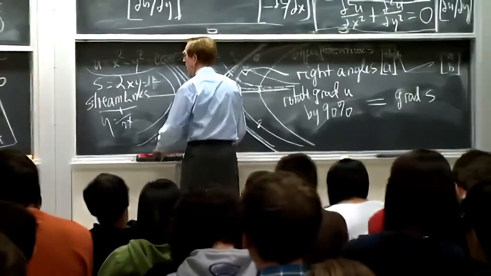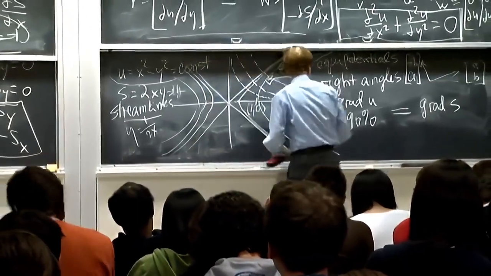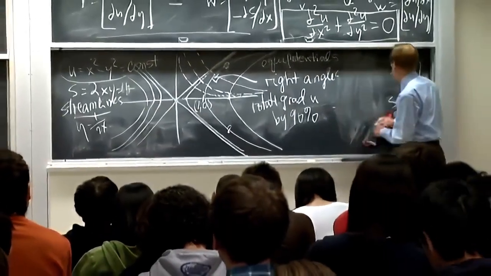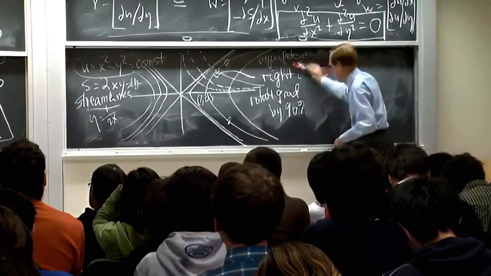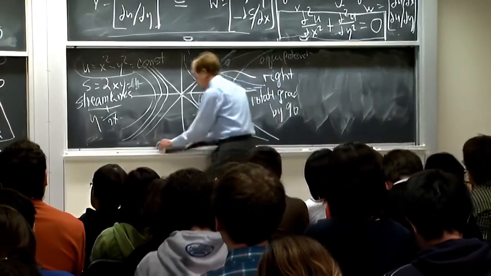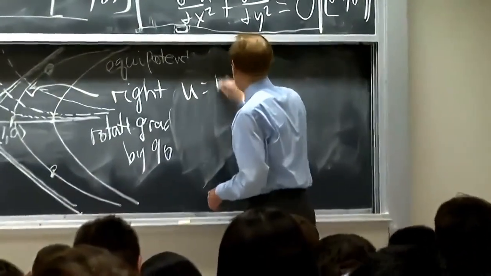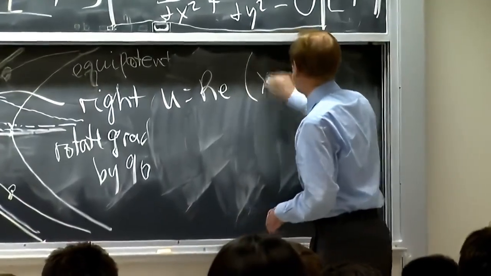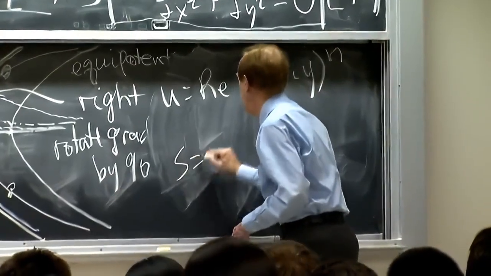And now this is the moment to celebrate, right? Because we've got a giant family of solutions to Laplace's equation. We've got the real parts. So u is the real part of x plus iy to any power, and s will be the imaginary part.